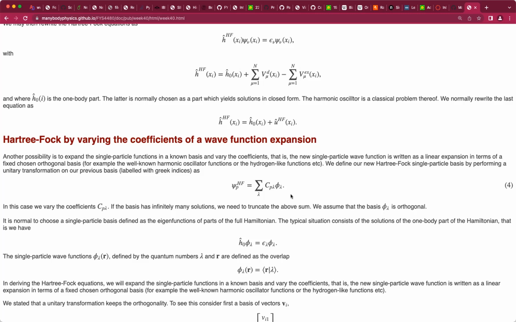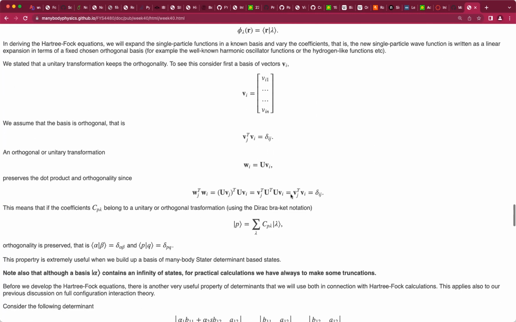From a computational point of view, this leads to a much more efficient way of solving the equations. But it requires that you have tabulated the integrals before.